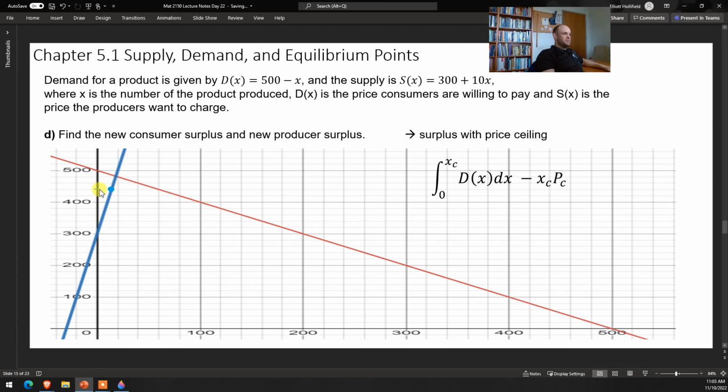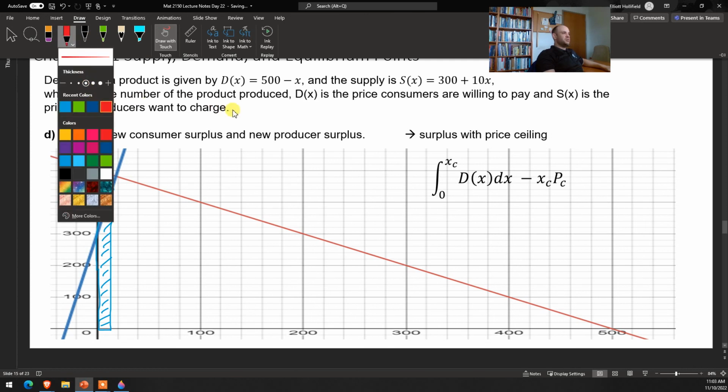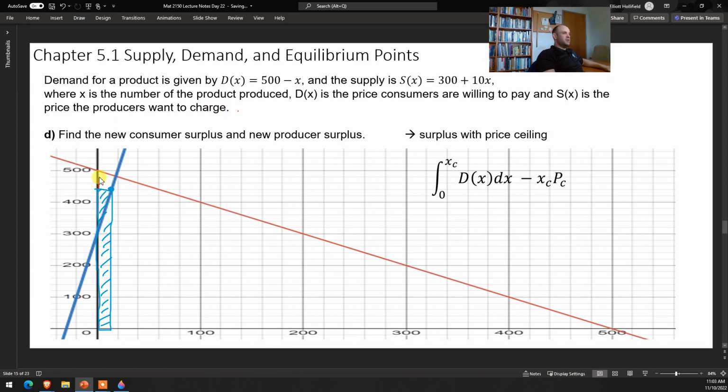X sub c, P sub c was here, which gives us the area of this rectangle. Then what we're actually finding by this integration and subtraction is the remaining area here under the curve, but above that rectangle. So let's find our new consumer surplus.